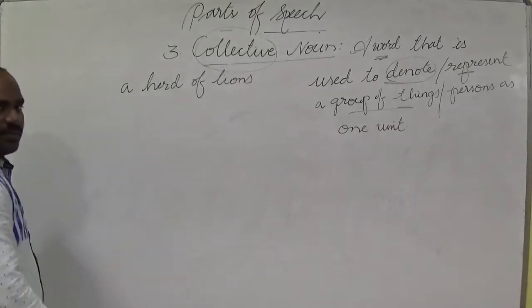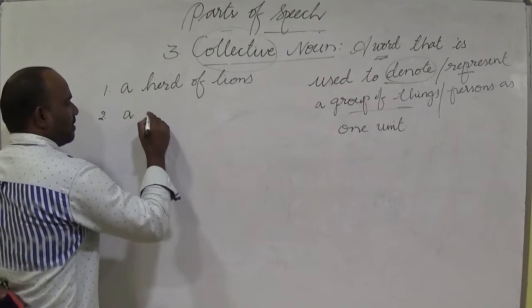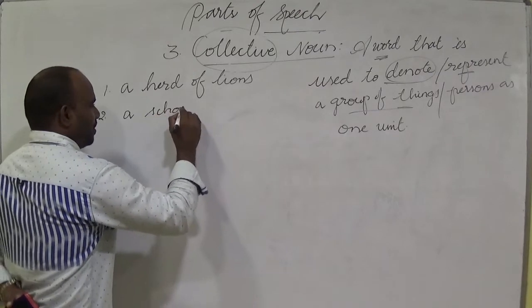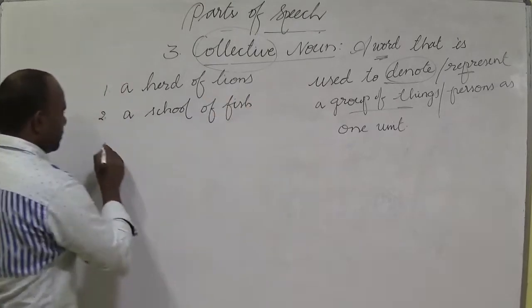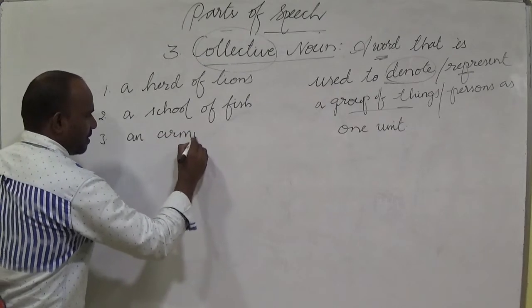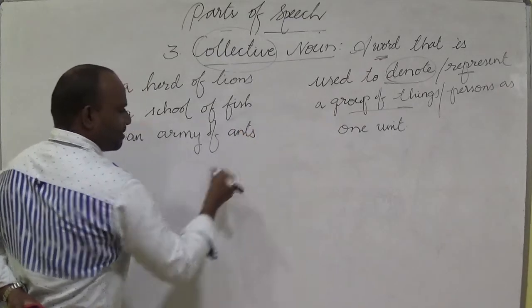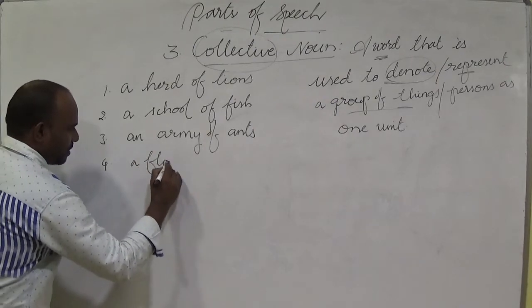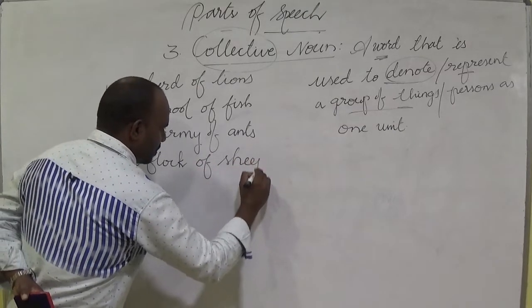A herd of lions. Second one, a school of fish. Third one, an army of ants. A flock of sheep.